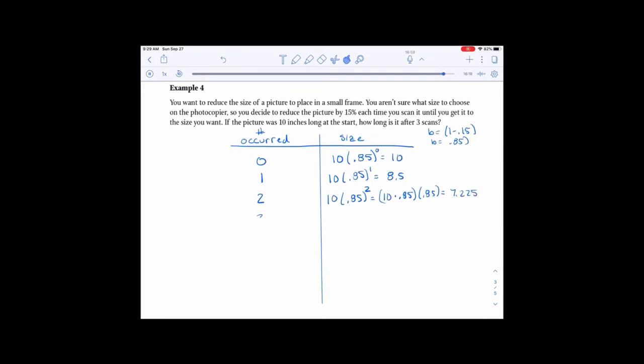After this has occurred 3 times, we would take our value of 10 multiplied by 0.85 raised to the 3rd power, which is equal to the second time it was reduced multiplied by 0.85 again, which is equivalent to 6.14125, which is approximately 6.14 inches.